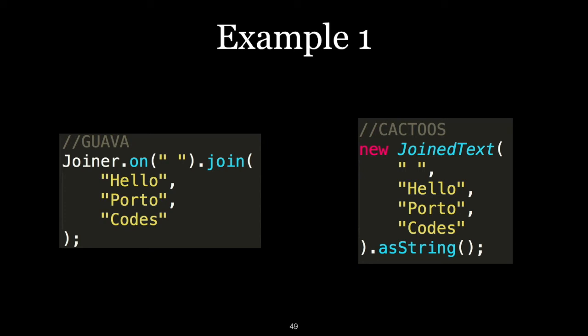Which one do you think is more readable or understandable? Who thinks the one on the left is more understandable or readable, even if you don't know Java? The one on the left? Yes, because there already are words that you could join.